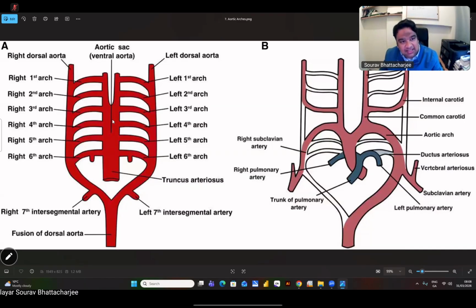In the middle, this is the aortic sac, the ventral sac. This is basically where the original tube that we were discussing was, so that's where we will begin. Now, these arches of the aorta definitely do not look like those of adult animals. In adult animals, this colored part is how the aortic arch looks.